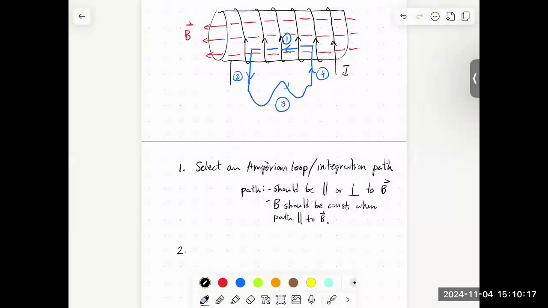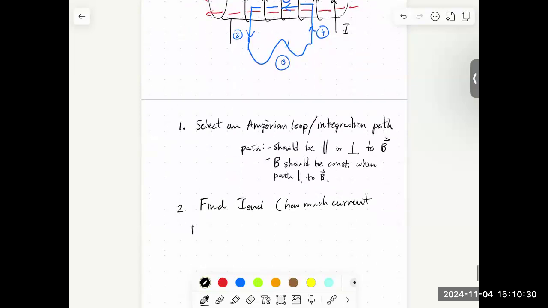All right. Step 2 is let's find I enclosed, or how much current passes through our Amperian loop.